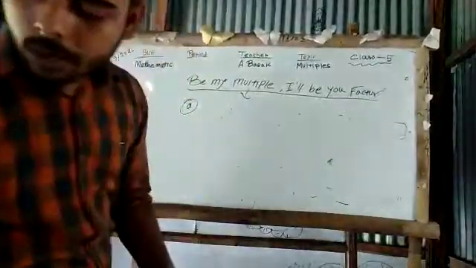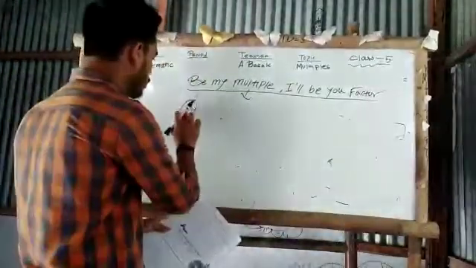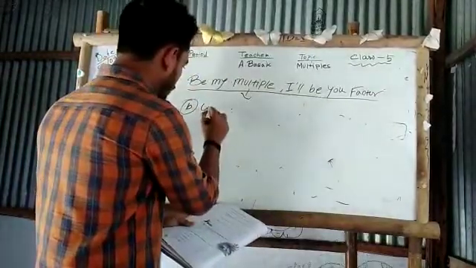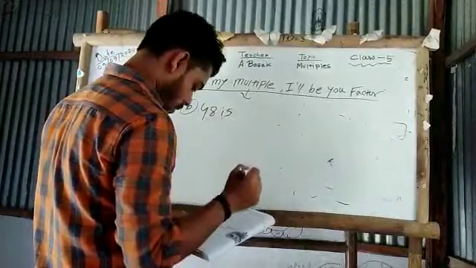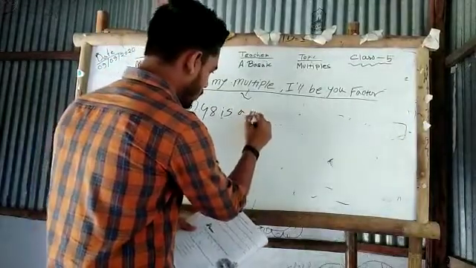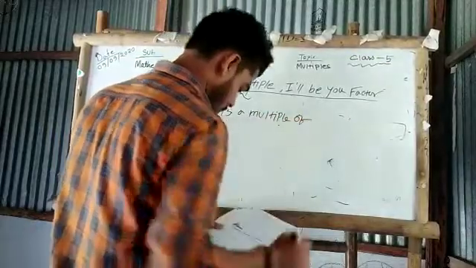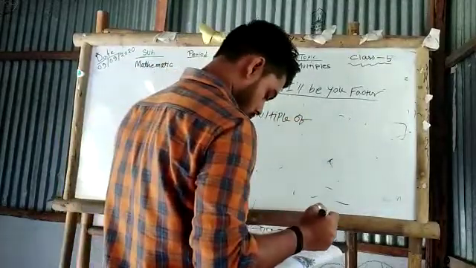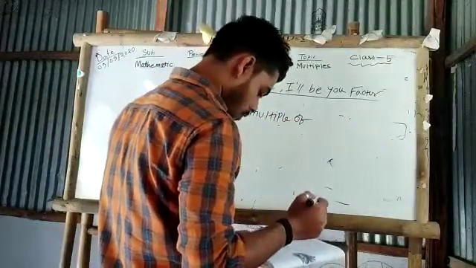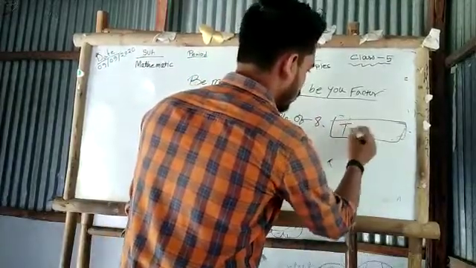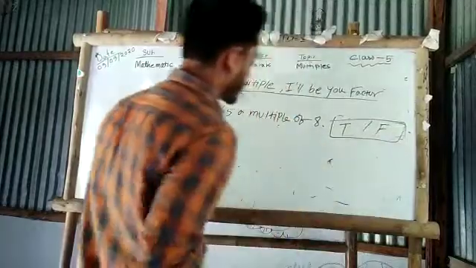Question number B from your workbook, also a true or false: 48 is a multiple of 8. We need to determine whether this is true or false.